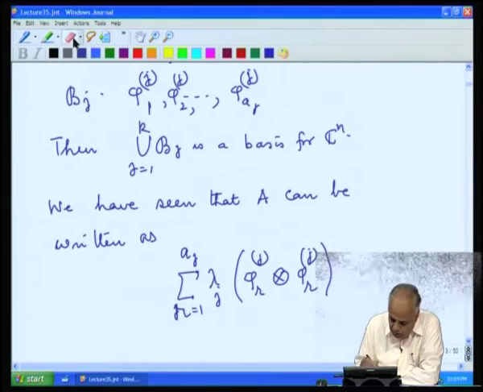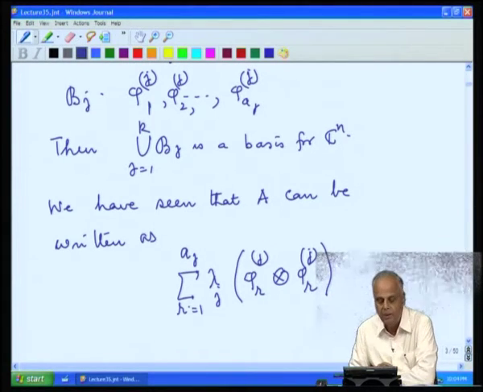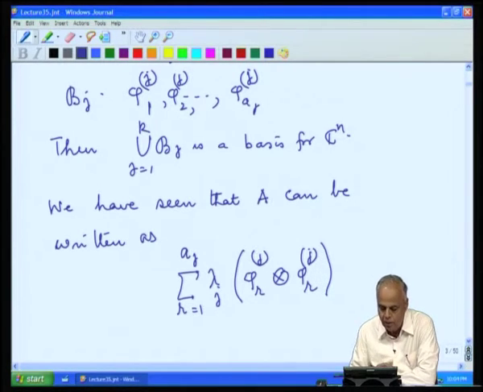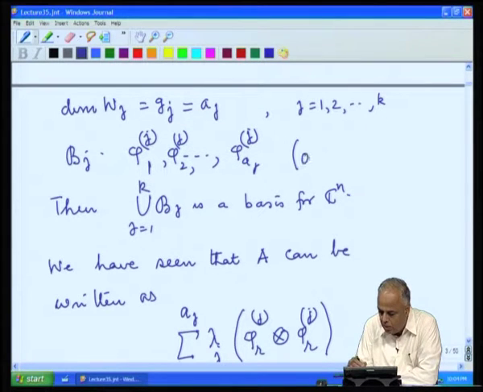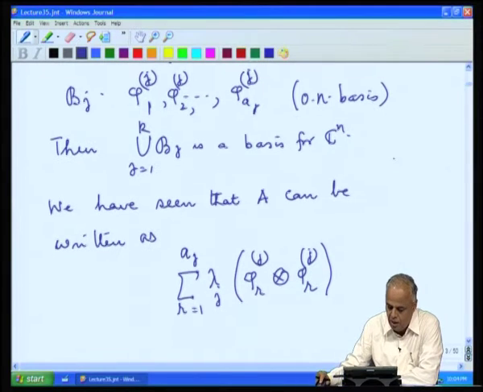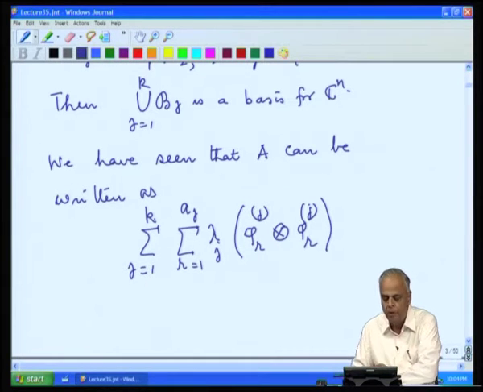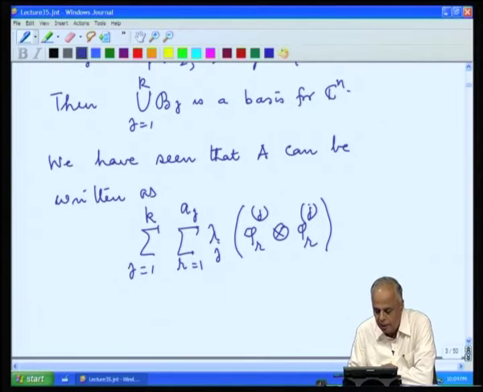That is, for each one of these basis vectors in the B j basis, or the basis for W j, we look at the tensor product. Note that this is an orthonormal basis in addition. Now, we do this for every one of the eigenvalues, so j equal to 1 to k. So, totally we get a 1 plus a 2 plus up to a k, that is n, terms.